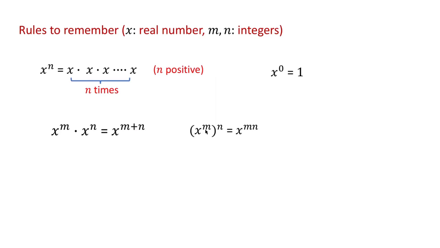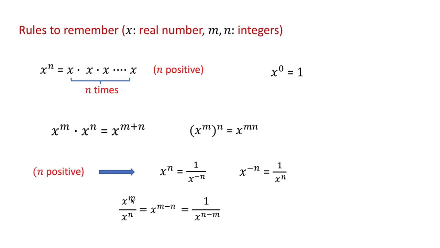Here, x to the power m to the power n, we multiply the exponents, x to the power m times n. When n is positive, x to the power negative n is the same as 1 over x to the power n, and x to the power n is the same as 1 over x to the power negative n. x to the power m divided by x to the power n is x to the power m minus n.